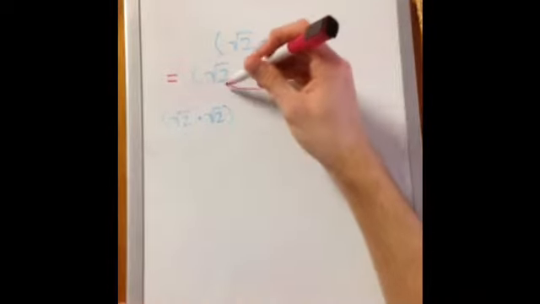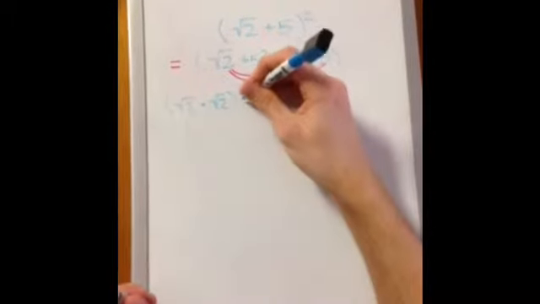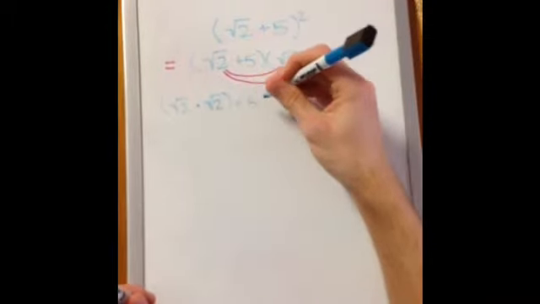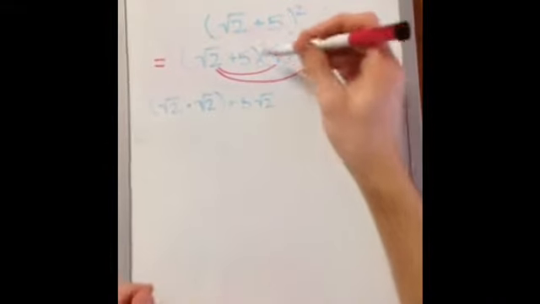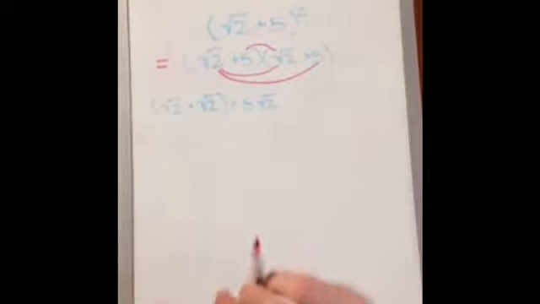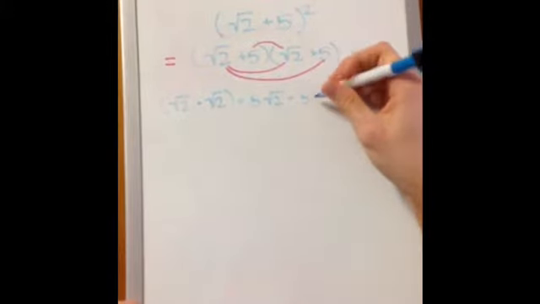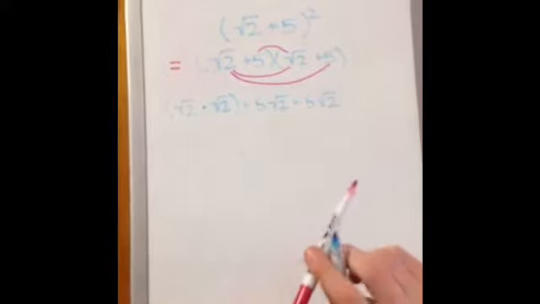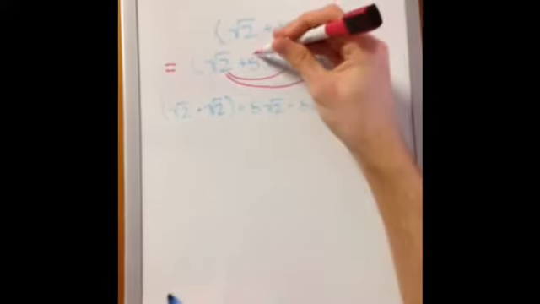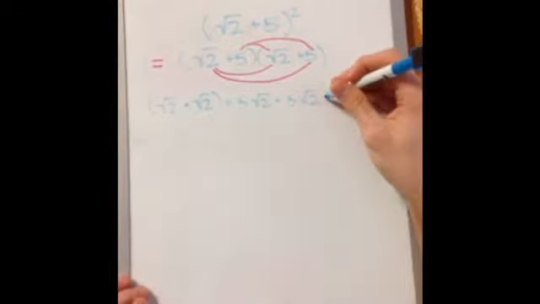Then we multiply the outer terms, which would be the square root of 2 times 5. Then we multiply the inner terms, which would be 5 times the square root of 2. And then we multiply the last terms, which would be 5 times 5, and that comes out to be 25.